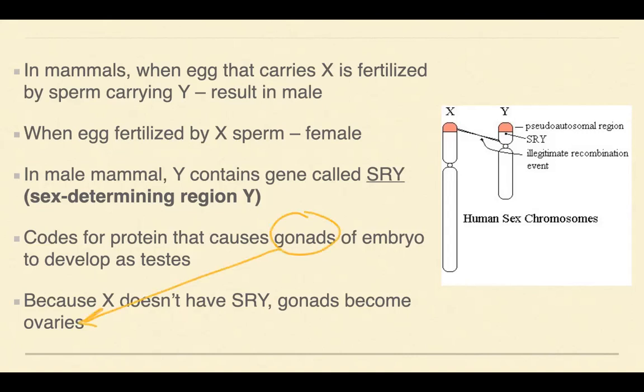However, if the Y chromosome is present, then during development, the SRY gene will become activated and it causes the gonads to develop into testes. This is the reason why in all mammals, even the males have nipples, even though you don't breastfeed.